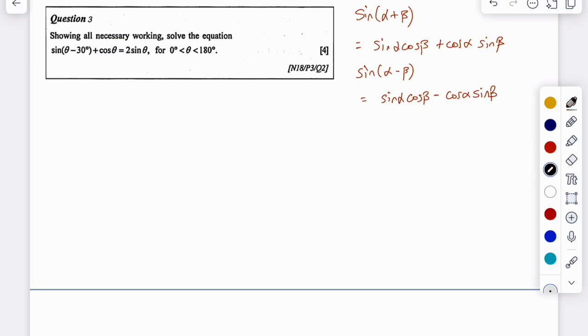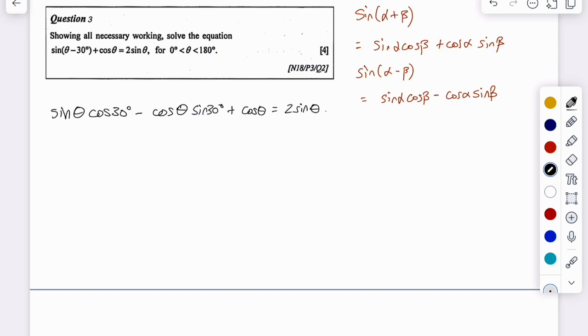Right, so therefore here, what do we get? Well, applying that, we get sine theta cos 30 minus cos theta sine 30 plus cos theta is equal to 2 sine theta.